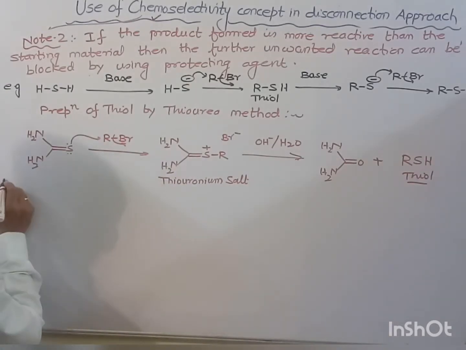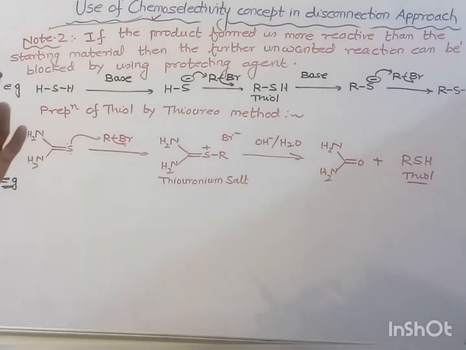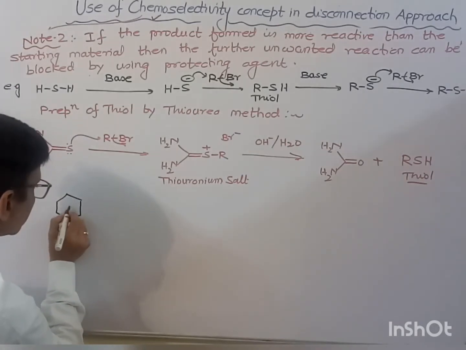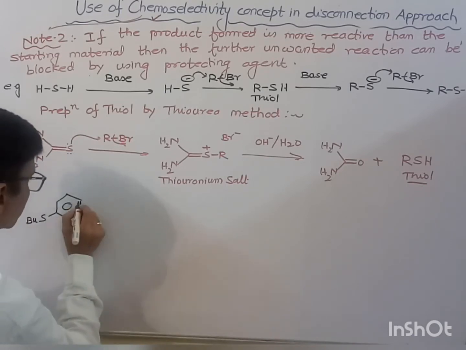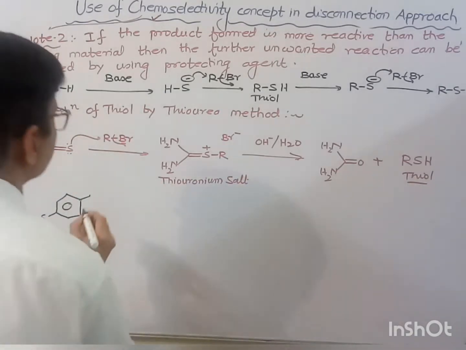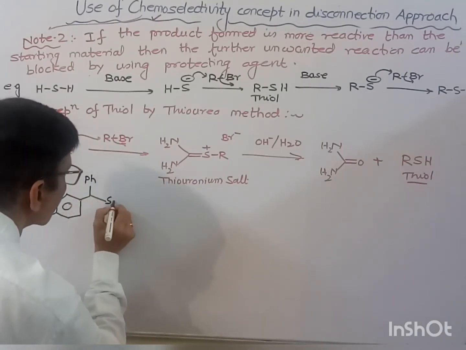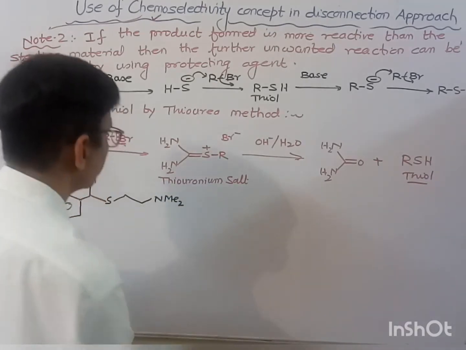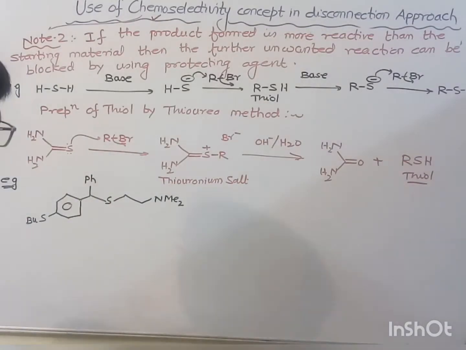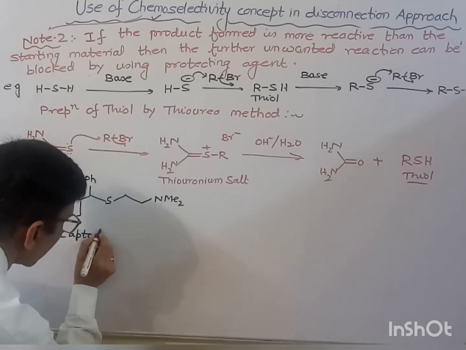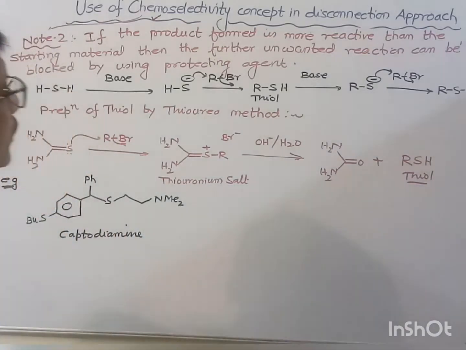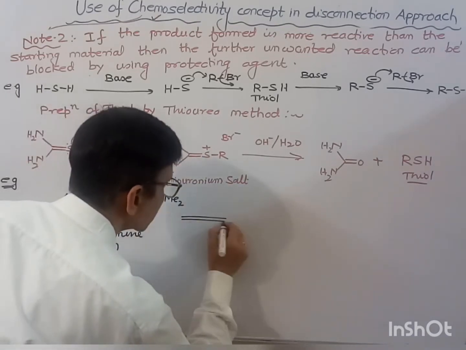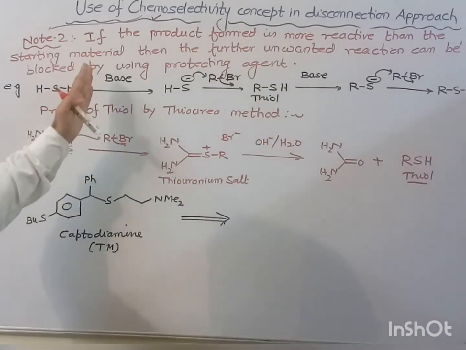I am taking one example. Suppose we have this target molecule called captodiamine. If this is our target molecule and we want to disconnect it, let's see the use of this guideline.